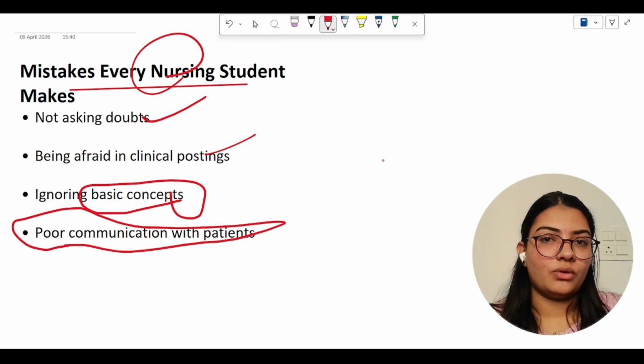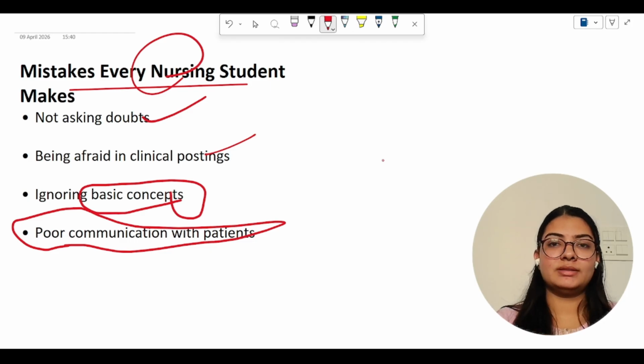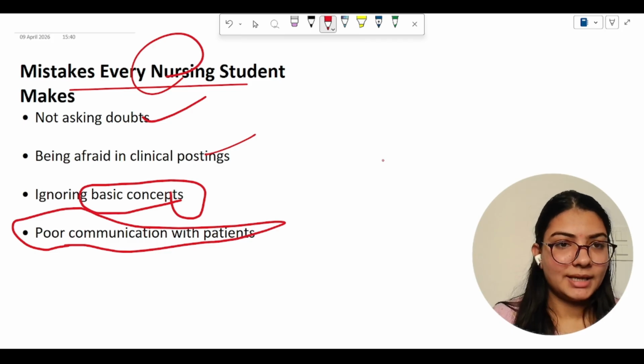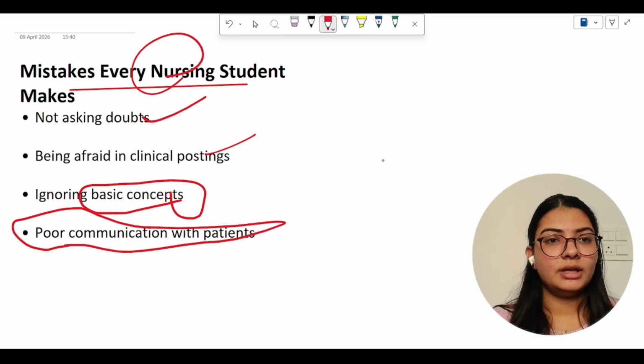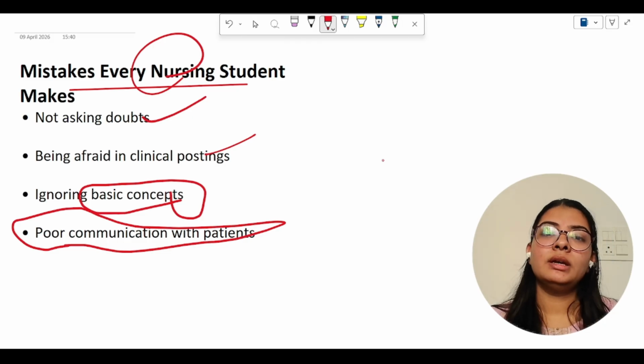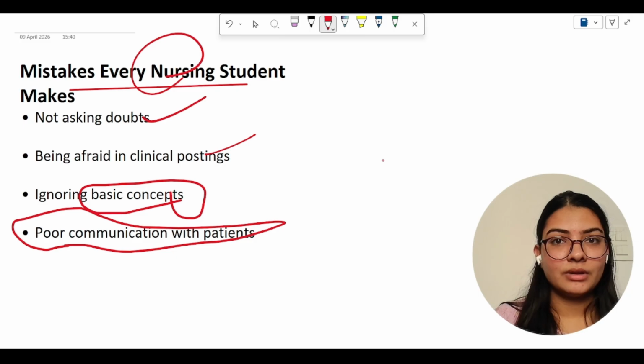What is the dose and all that stuff. But as you are a fresher, as you have stepped into the first or second week of your nursing clinical practice, you might not be sure about the mechanism of the drug or the particular use of the drug. So you might feel confused.